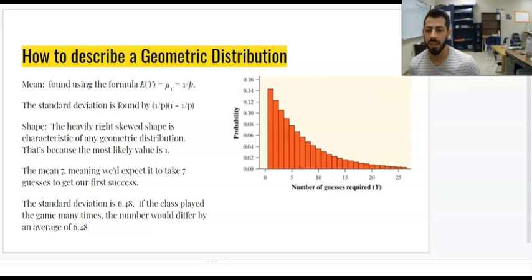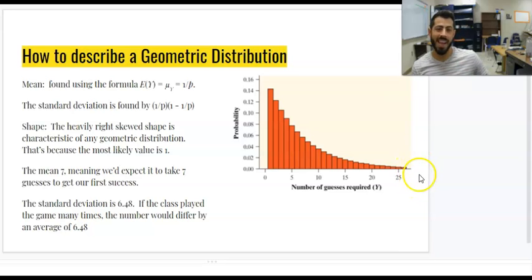So the mean, or the expected value, is very easy. It's just 1 over the probability. Whatever the probability is, 1 divided by that. Done. The standard deviation is the mean times 1 minus the mean. I know that seems weird, but that's just how you do these. They are technically infinite.